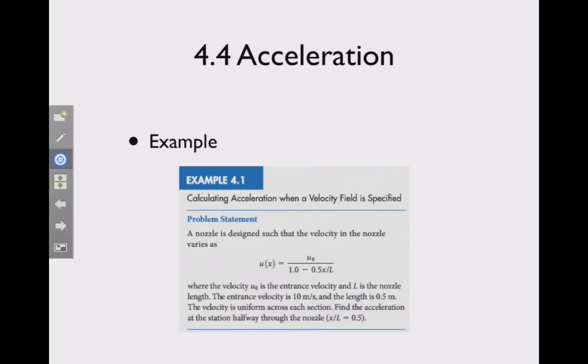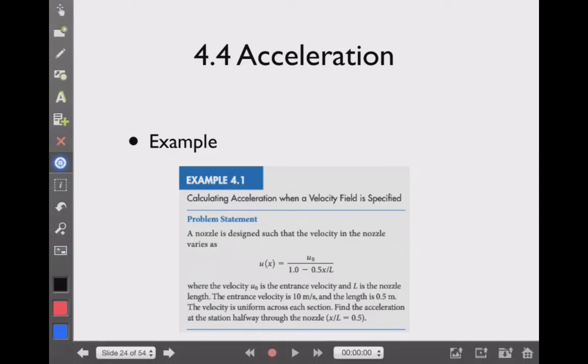Now, one thing that's very interesting is this problem states that the velocity is uniform across each section. And this is actually a confusing point, because the key word here is across, because we can see that the velocity actually is not uniform in the x direction, but it is if we look at any given cross section across each point of the nozzle.